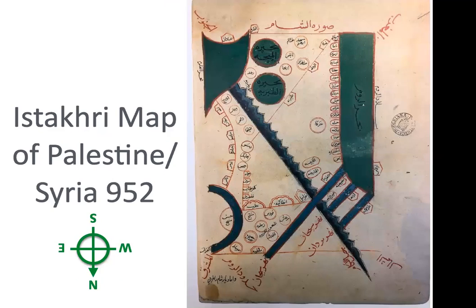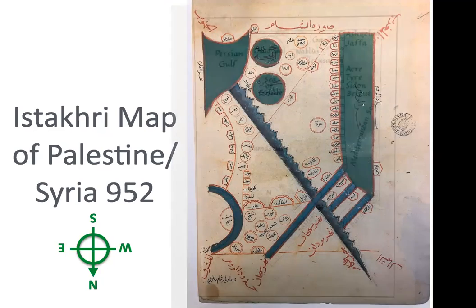This is a spectacular Islamic map by Istakhri. It's come from about 950, so it's well over 1,000 years old. As you can see, it's south at the top because they wanted to make certain that Mecca was at the top of the map, and Mecca sits above Jerusalem and everything else.